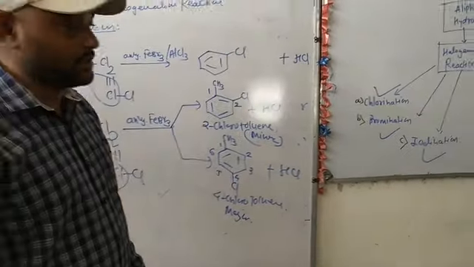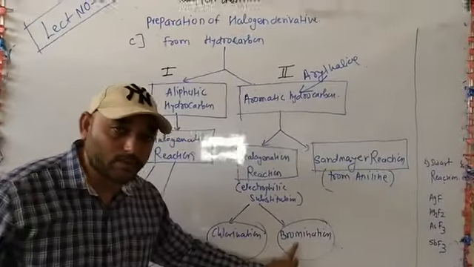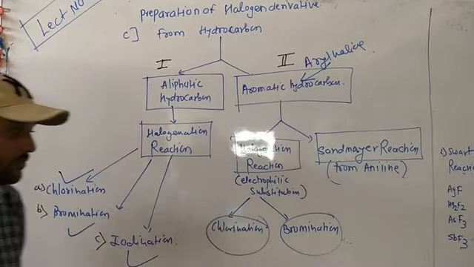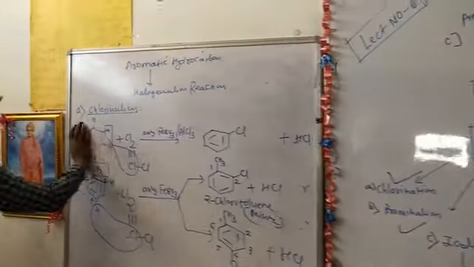Now the second reaction, halogenation, that is bromination of benzene and its derivative. Look at that, bromination.